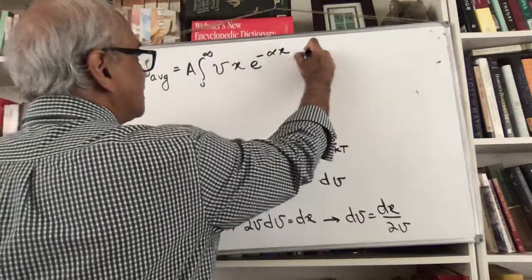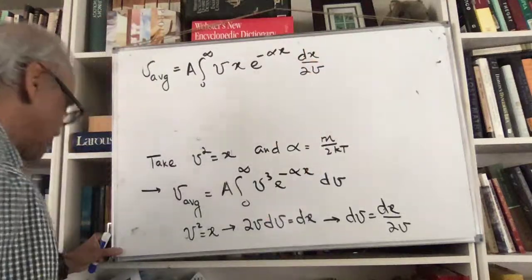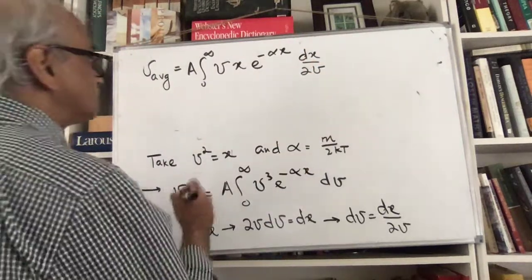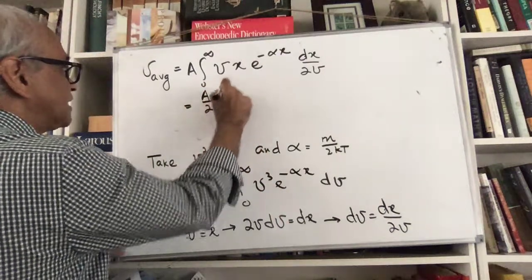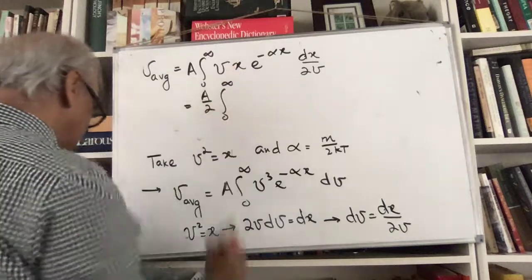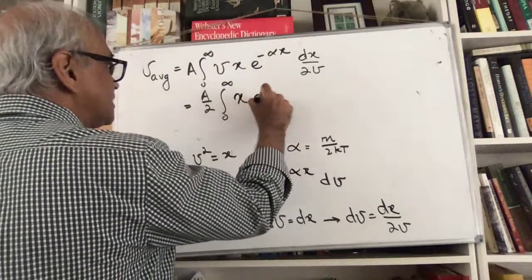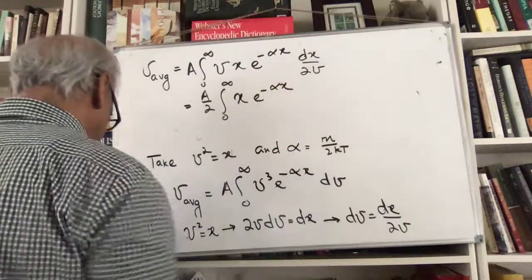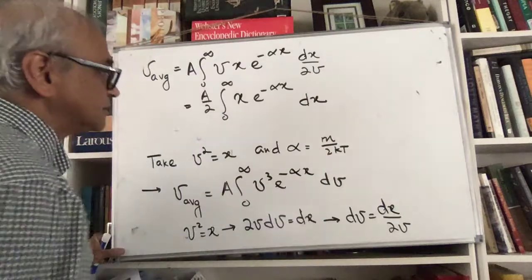Okay, I have dx over 2v. Now the v cancels out, which is great. So I end up getting in the end a over 2, keep that there, 0 to infinity, x e to the power minus alpha x dx. I think it's okay, right? I think I'm all right.